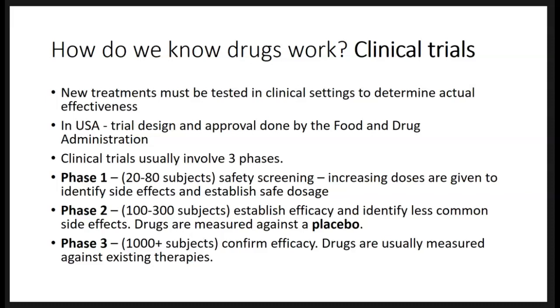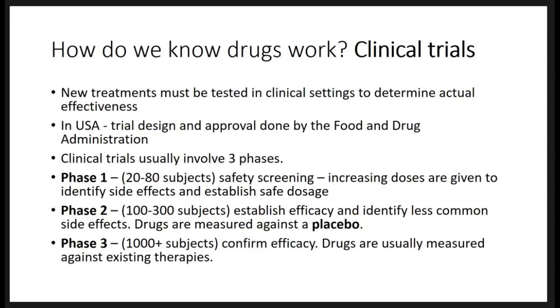And that means that they're increasing the amount of the drug that they're giving the patients in that phase of the trial to determine what dose of the drug is safe. As long as no serious side effects are identified, and as long as a safe dosage of the drug can be determined, then that drug moves on to phase 2.